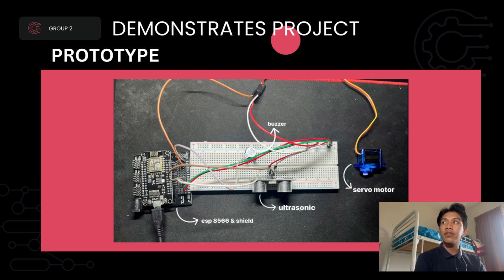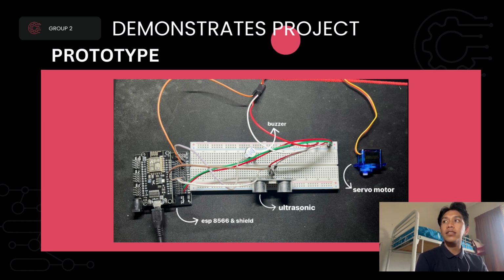As you can see on the slide, it is our prototype. On our prototype we use the ESP8266 and shield, a buzzer, an ultrasonic sensor, and for the last one, a servo motor. For the ESP8266 and shield, we connected it to the laptop.